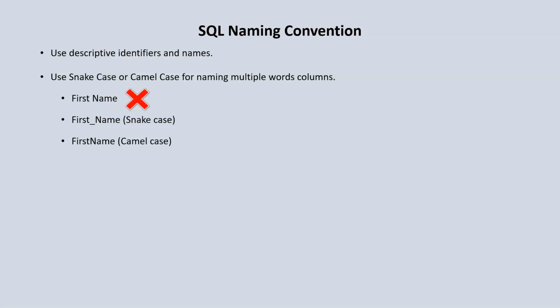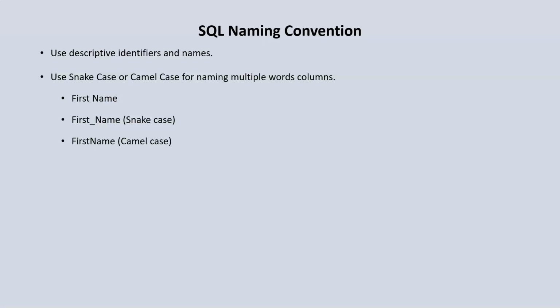The way to get around that is to either use the snake case, which is you have the first word followed by an underscore and then the second word. And if there are three words, all you need to do is just have an underscore to link all of those words. The other option will be to use the camel case.